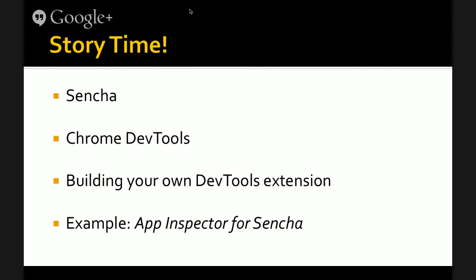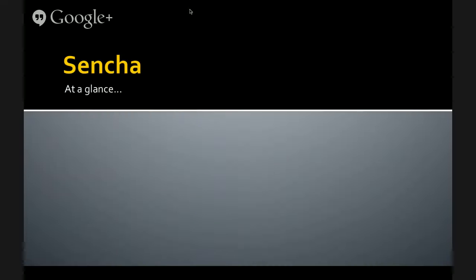And then we'll dig into Chrome DevTools at a pretty high level, get into a handful of deeper topics. We'll talk about how you would build your own Google Chrome DevTools extension. And finally, I'm going to show you an example of a Chrome extension I've actually built, which is called App Inspector for Sencha.